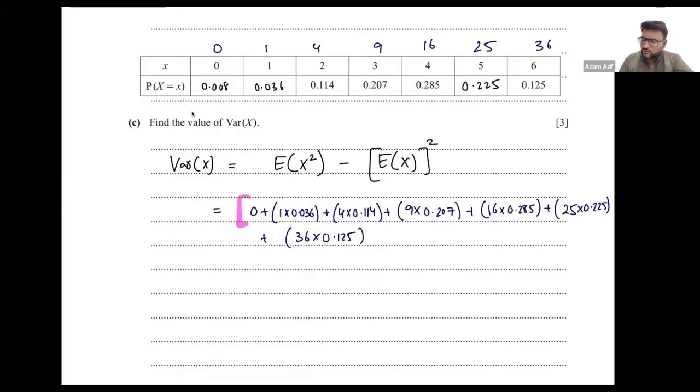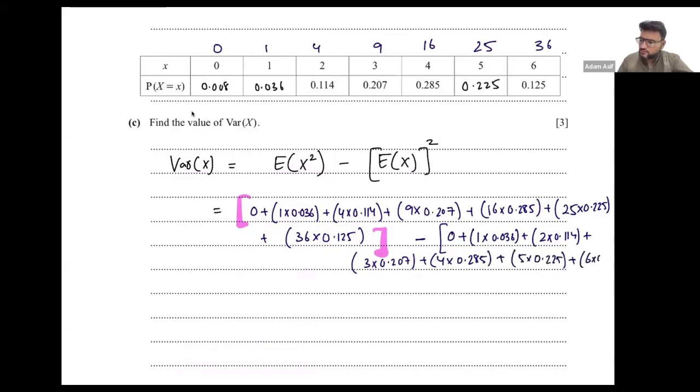This is E of x square minus E of x, the whole thing square. Okay, that's going to be 0 plus 1 times 0.036 plus 2 times 0.114. Okay, make sure you show this entire working. The whole thing square.